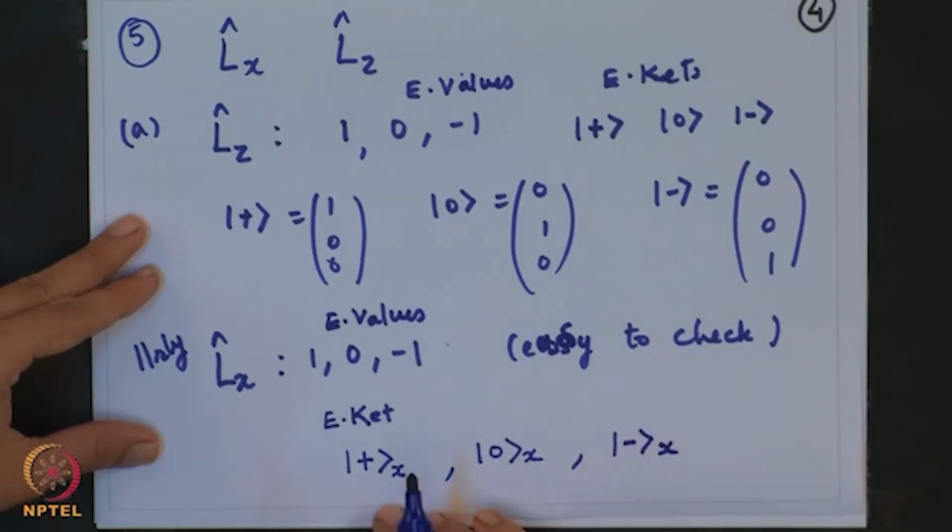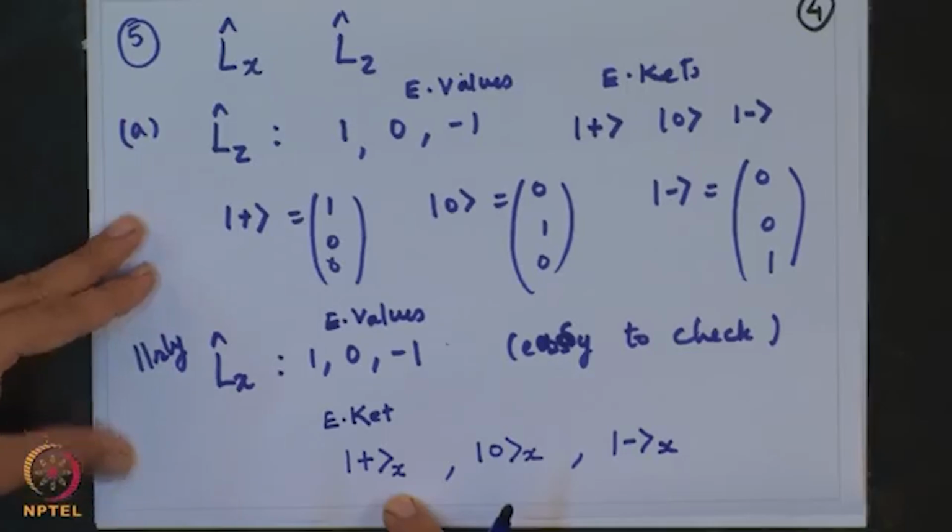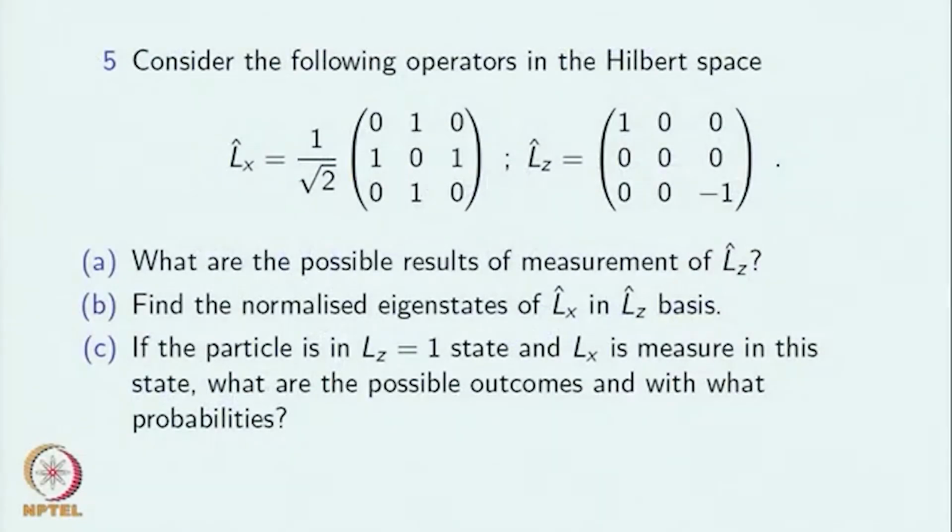Now, you have to find the eigenket plus x in terms of plus, 0 and minus, that is, in the Lz basis.